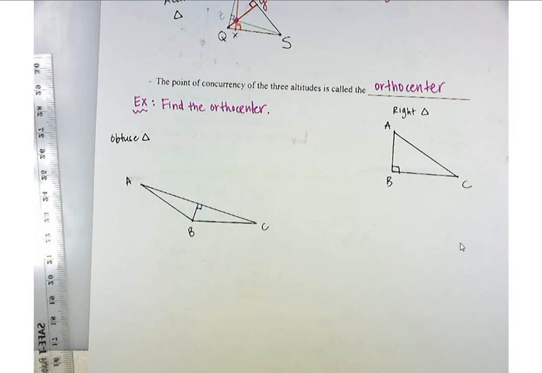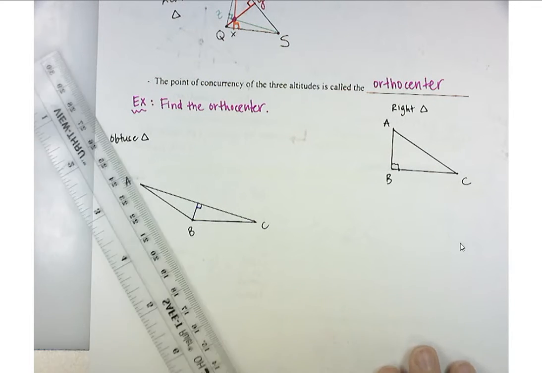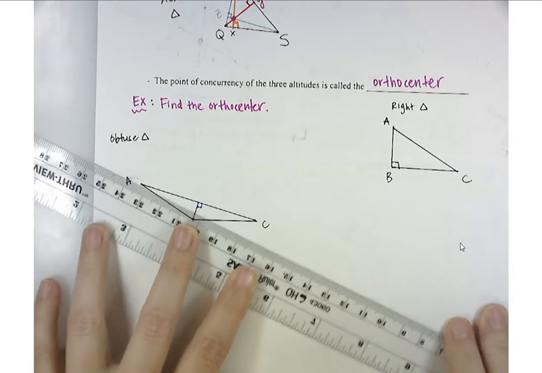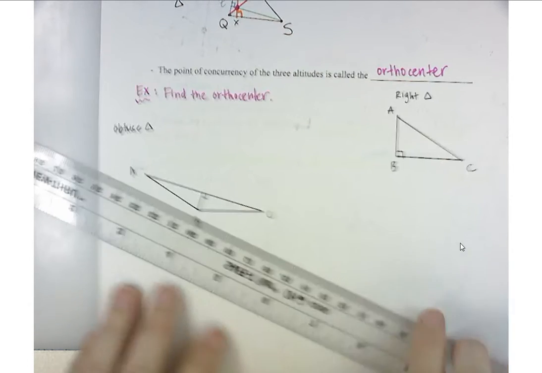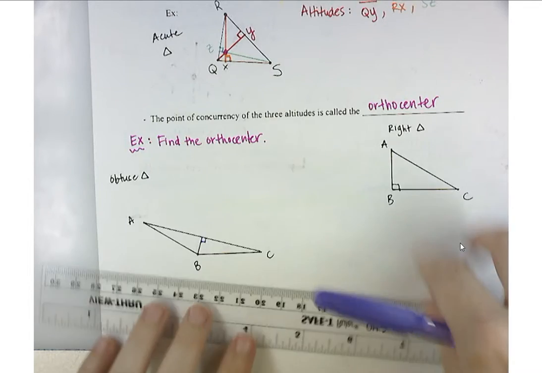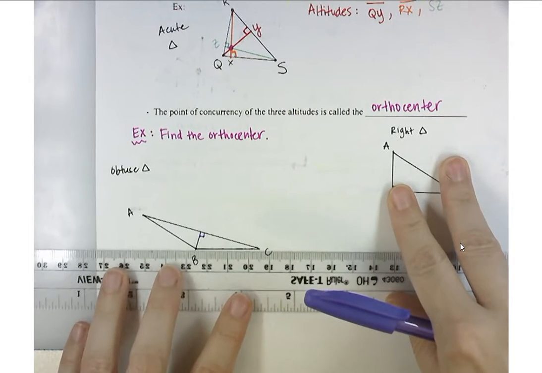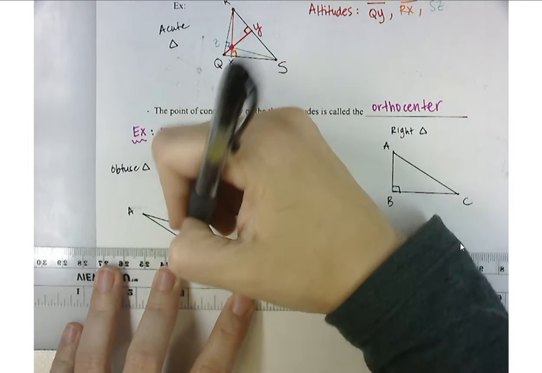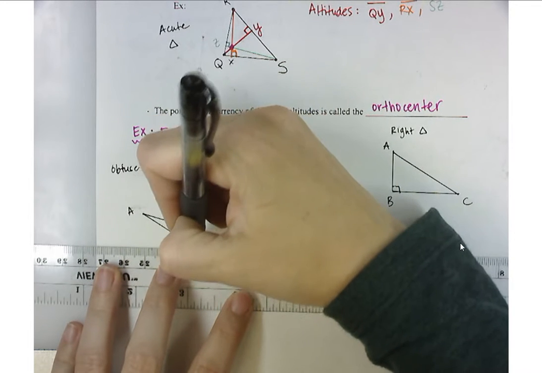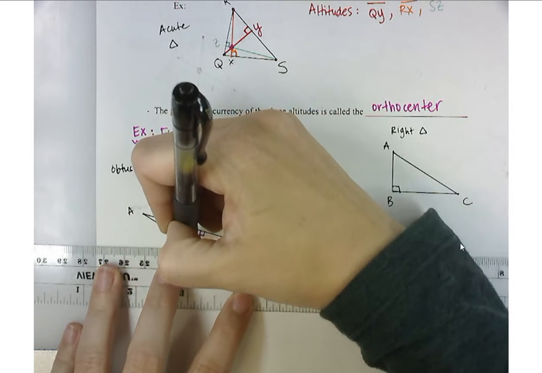Okay, so now we have to do A, right? Is there any way that A is going to be inside this triangle? No, none of those would be right. So what we have to do is extend the sides. And to do that, we just make a dashed line.